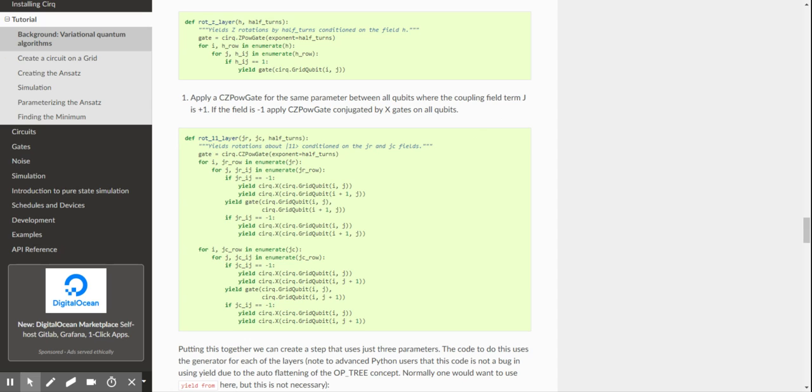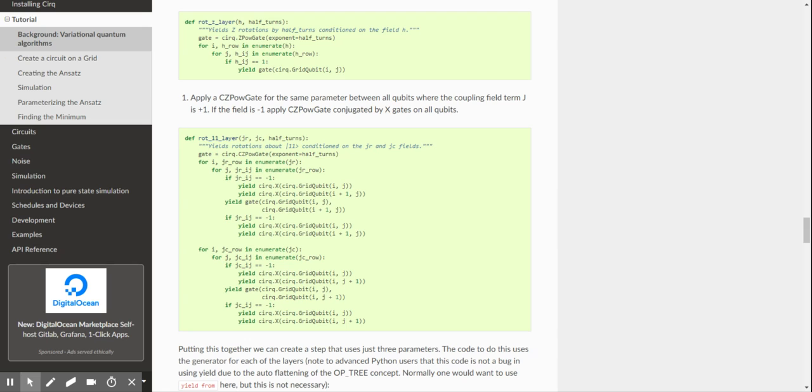So I'm assuming we're mapping 1 qubit equals 1 site, and so if the relationship between 2 of them is +1, then we are doing a control Z between the 2. And in this case, it doesn't matter which one is the control and which one is the target, because as we know, that doesn't matter for the control Z.